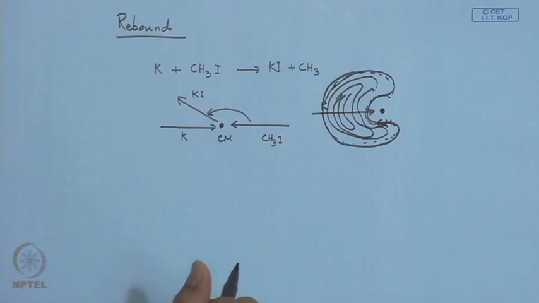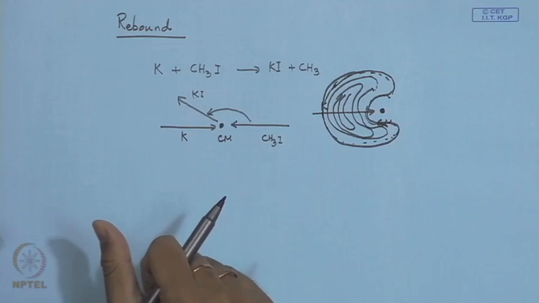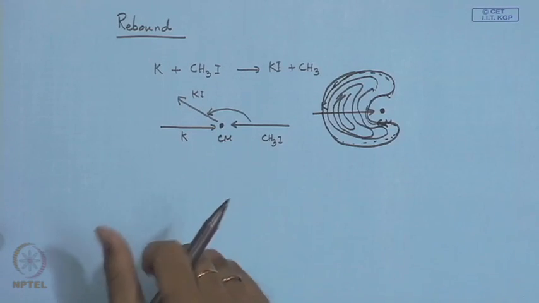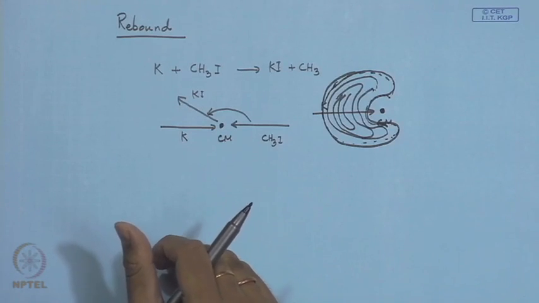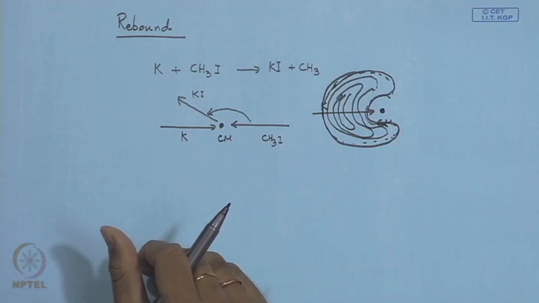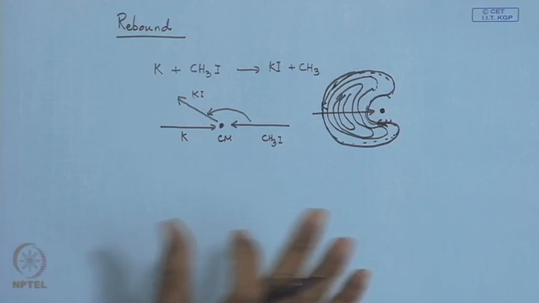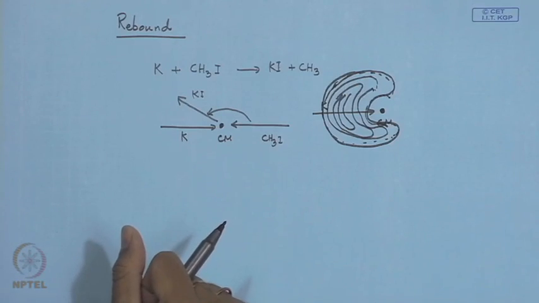In contrast to harpoon, where there is low release of translation energy and the product is highly excited, here the situation is opposite. It is also a harpoon reaction, but the electron affinity has a change in sign.